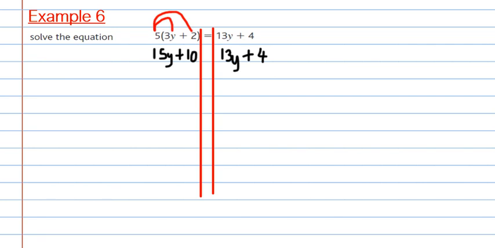Now we can tidy up. Like I said earlier, you have the choice of tidying the numbers first, or tidying the letters. Okay. In this case, I will get rid of the number. So I'll get rid of plus 10.